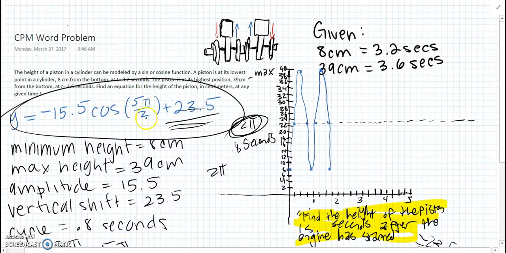In our raw equation, it would be 5 pi over 2, which is simply saying that it takes 2 seconds for the cycle to complete itself 2.5 times. 2 pi plus 2 pi is equal to 4 pi plus 1 pi, which is half a cycle, being 1 pi, since it's not 2 pi, but 5 pi.